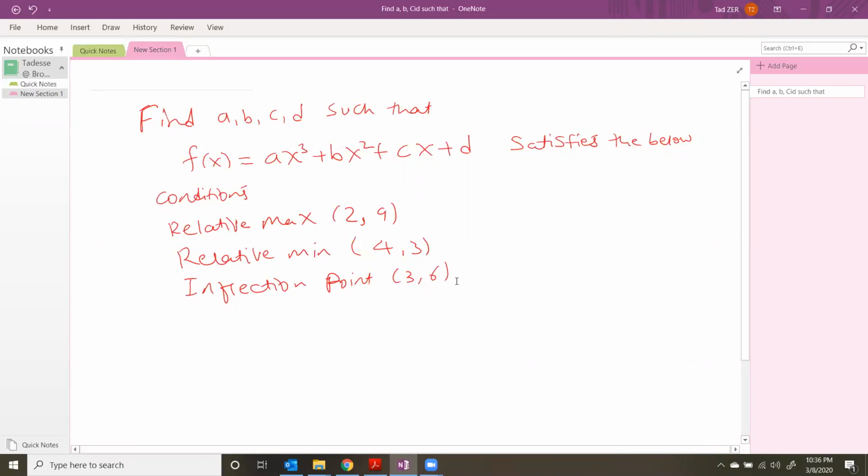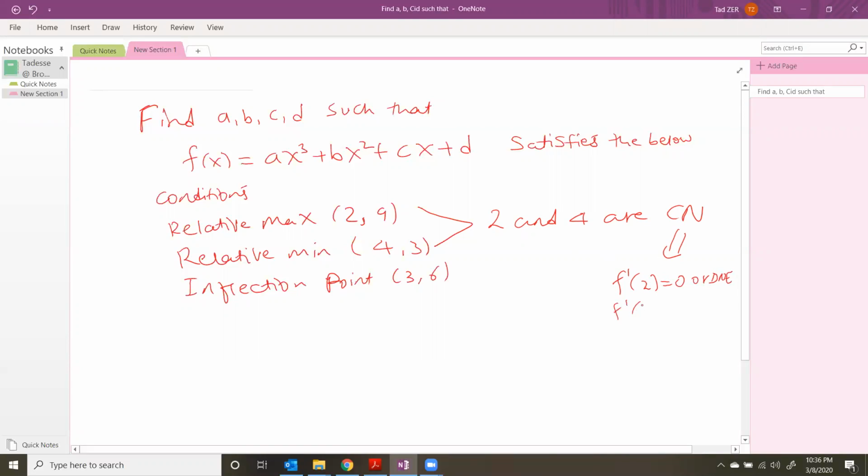Now, we know that if a function has a relative maximum or relative minimum, then that number must be a critical number. So in both cases, 2 and 4 are critical numbers. If it is a critical number, what does that mean? The derivative at 2 equals 0 or does not exist, meaning the function is not differentiable.